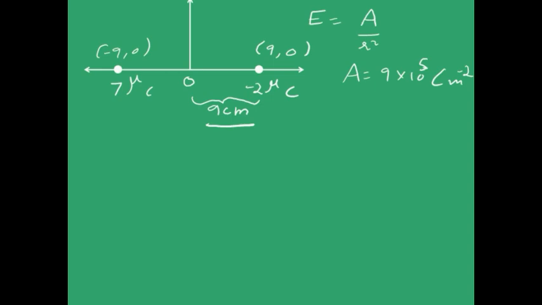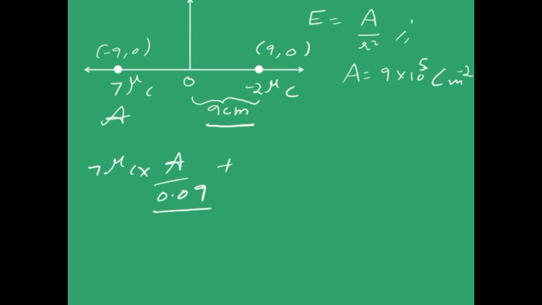Now, I want to calculate the potential energy of this system. First, I'll multiply the first charge, 7 microcoulomb, with the potential at this point A due to this external electric field. It will be A by 0.09 because this is in centimeters, and if electric field varies in this way, then this will be the potential at that point.